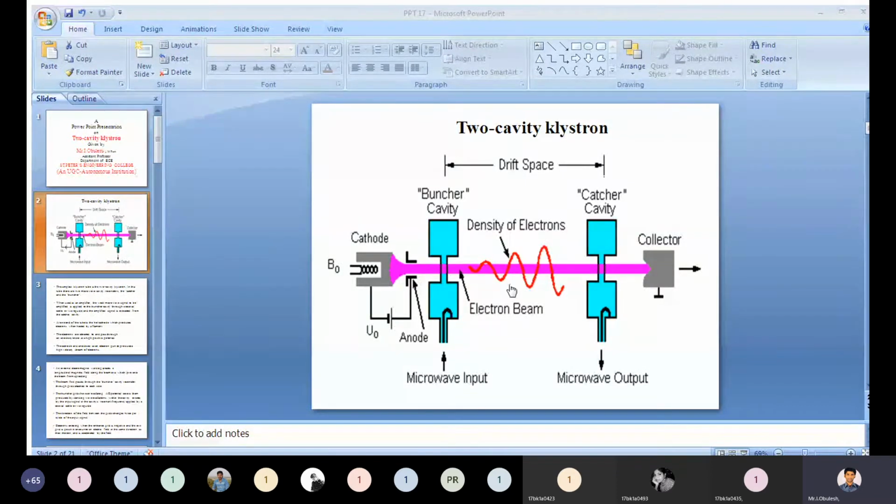Beyond this buncher cavity grid is a space called the drift space. The space is long enough so that the accelerated electrons catch up with electrons that were decelerated at an earlier time, forming bunches longitudinally along the beam axis.